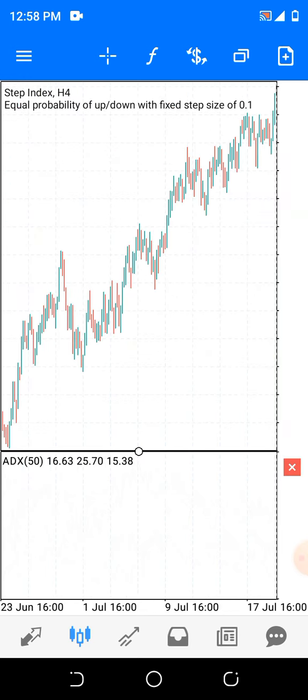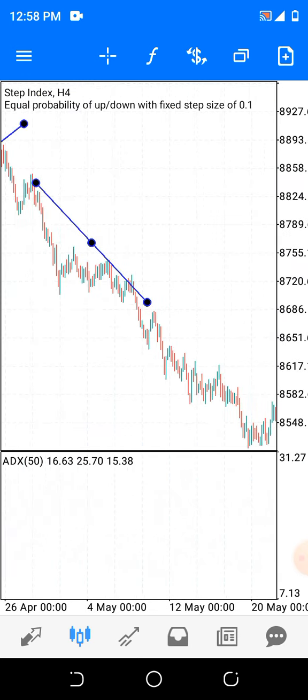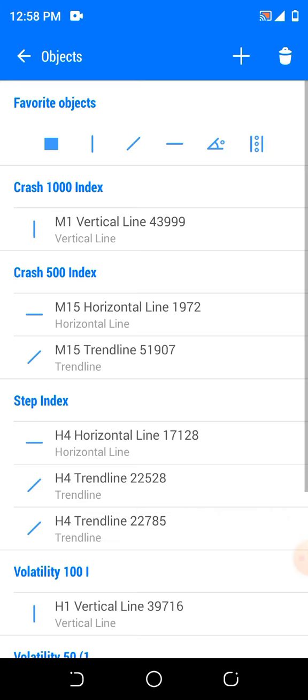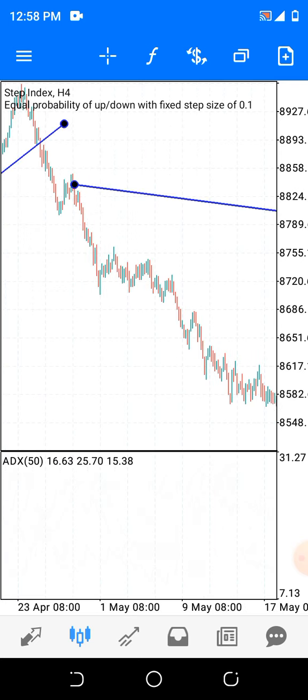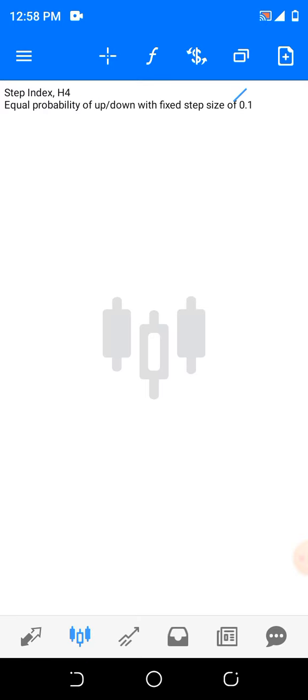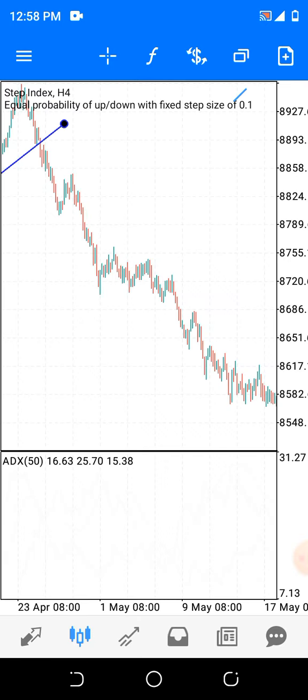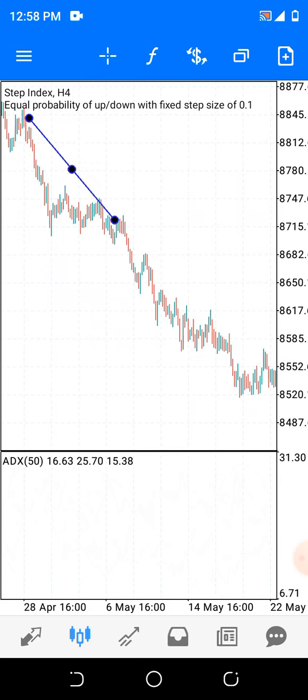And if you extend it, look at it. If you extend it, all these points, are you seeing it?